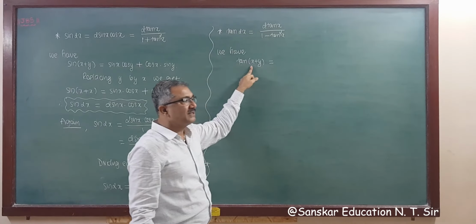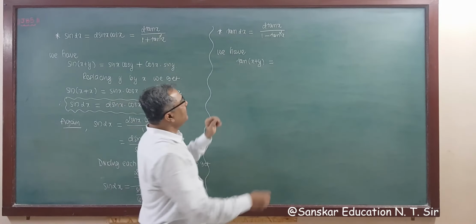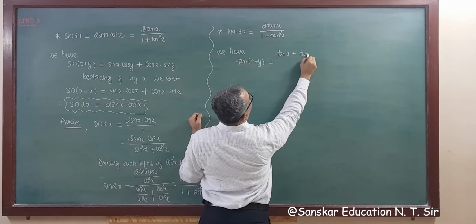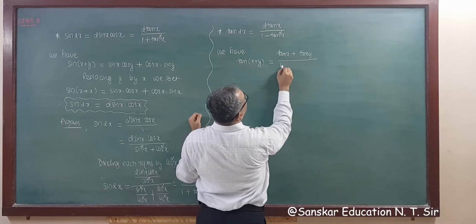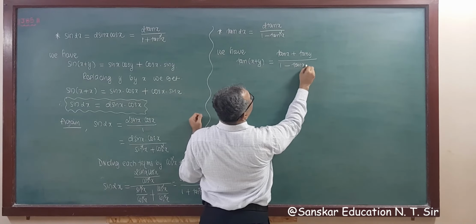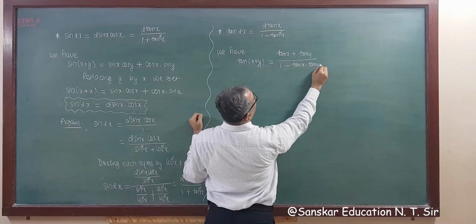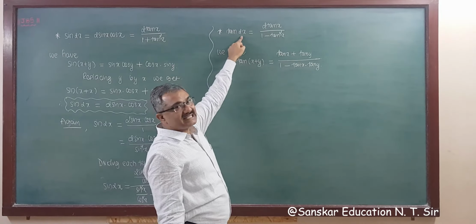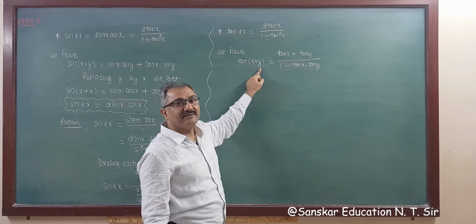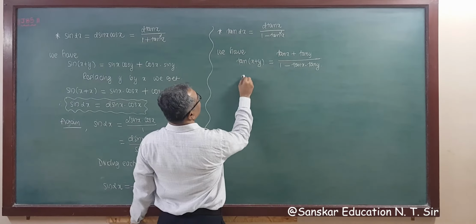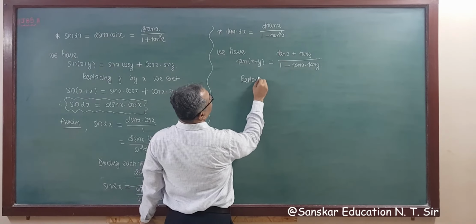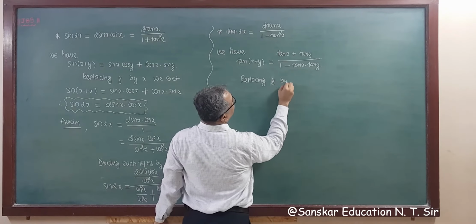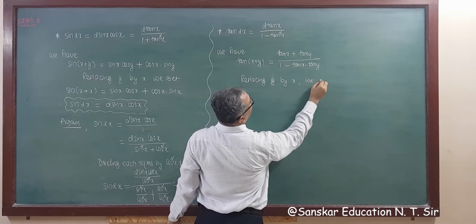So tan(x plus y) is (tan x plus tan y) whole upon (1 minus tan x into tan y). Now what do we require here? We require 2x. So how do we get it here? Replacing y by x.